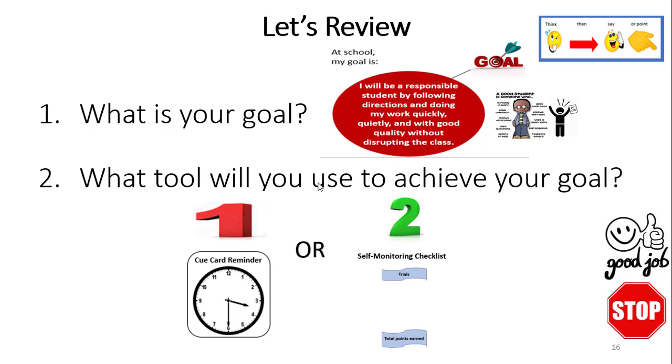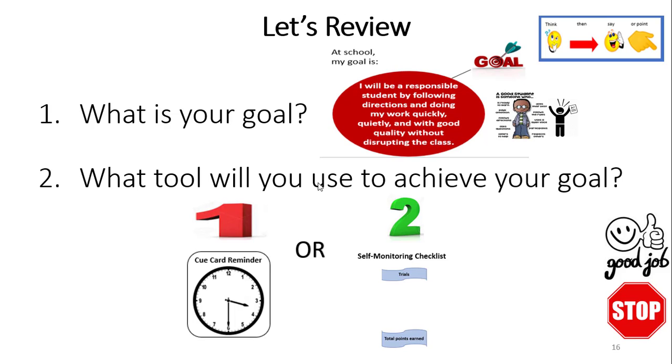Okay, let's review everything we've talked about so far today. First of all, what is your goal? Remember your goal at school? Say it with me. I will be a responsible student by following directions and doing my work quickly, quietly, and with good quality without disrupting the class. And now we have a way to measure how to do that. Also, what tool will you use to achieve your goal?